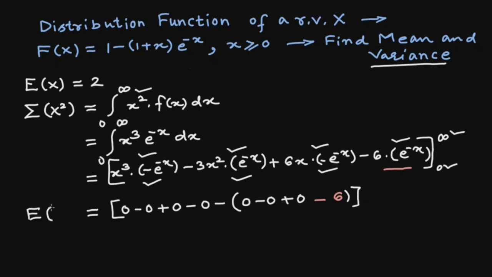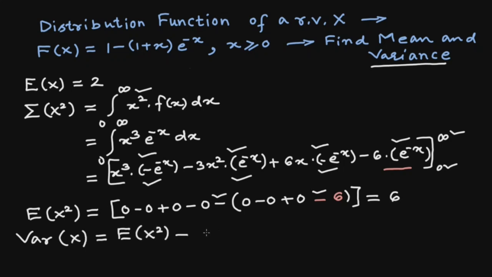So expectation of x square becomes this minus into minus, plus 6. Now variance x is expectation of x square minus expectation of x whole square. 6 minus this 2 square, 4, which is 2. So therefore variance x is 2. So we got both the answers. Mean is 2 and variance is also 2.